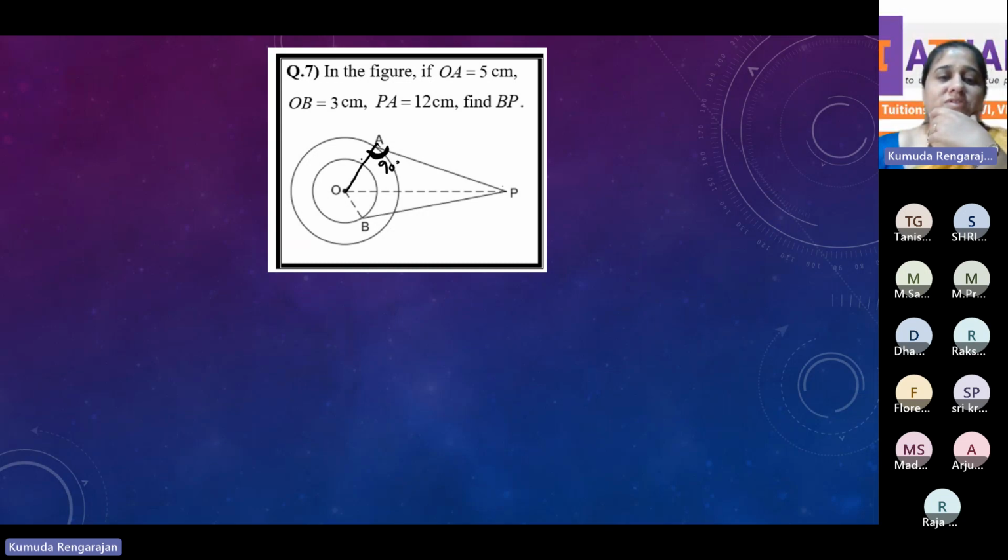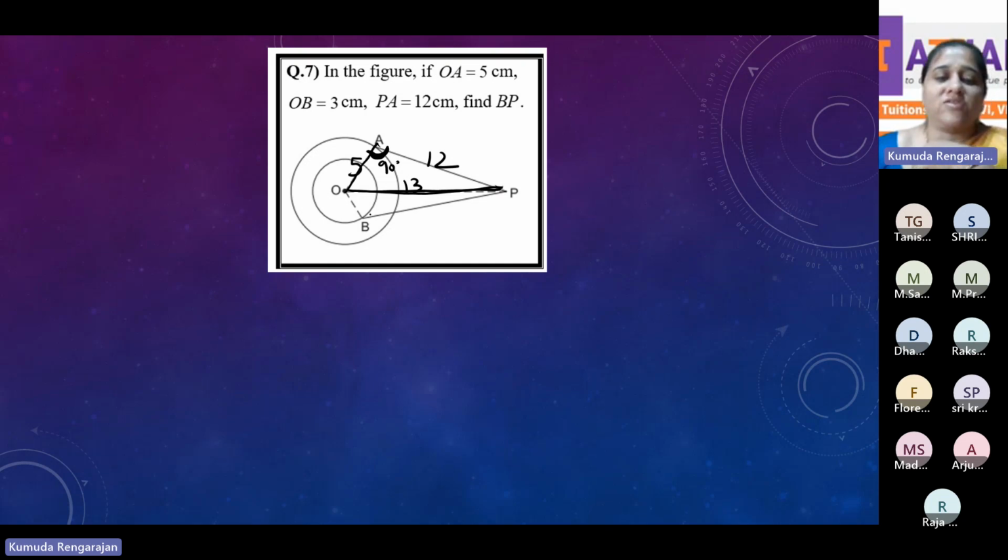OA is 5, AP is 12. Which is the hypotenuse? OP is the hypotenuse, because the side opposite the right angle is the hypotenuse. So OP squared is 144 plus 25, which is 169. The square root of 169 is 13. By Pythagoras theorem, OP is 13.